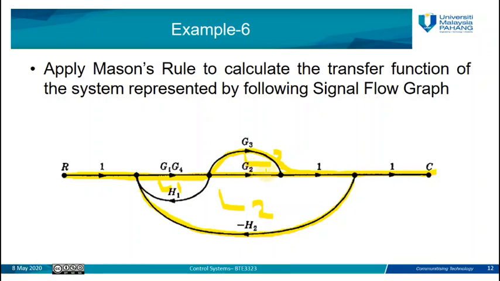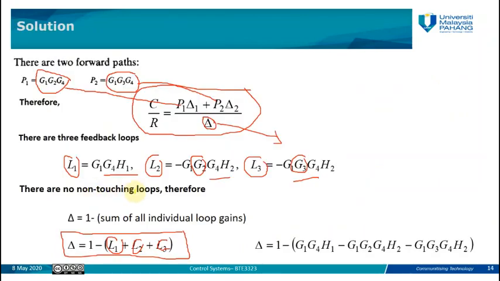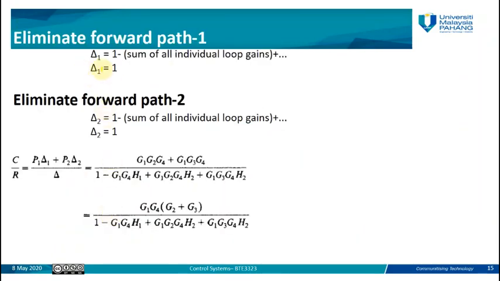Since it touches all the loops, the value of delta 2 will also equal 1, because all the loops which touch the forward path are omitted from the value of delta. So we only have the value of 1 from delta. In both cases, delta 1 is equal to 1, and delta 2 is equal to 1.